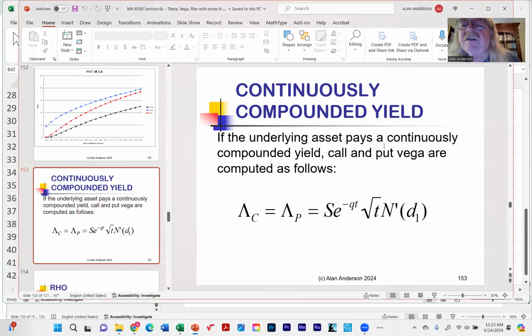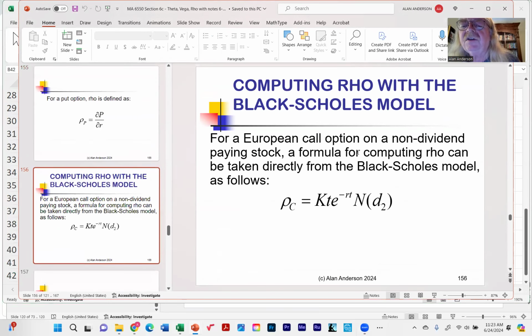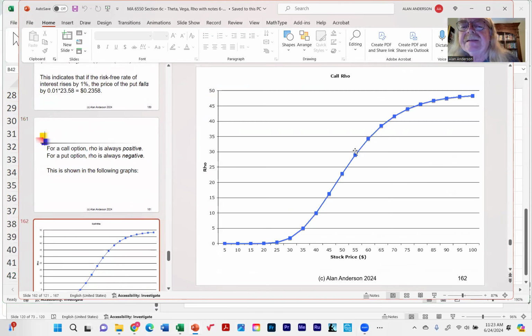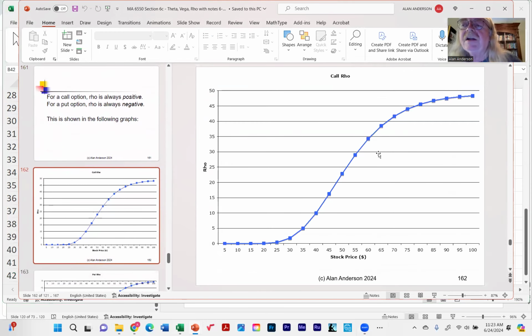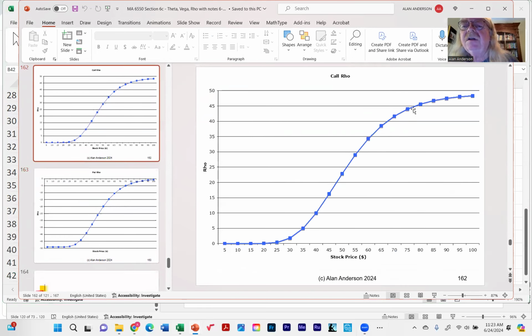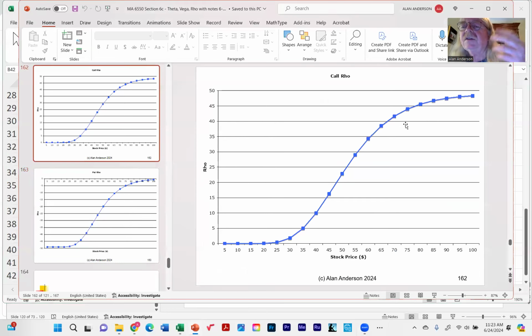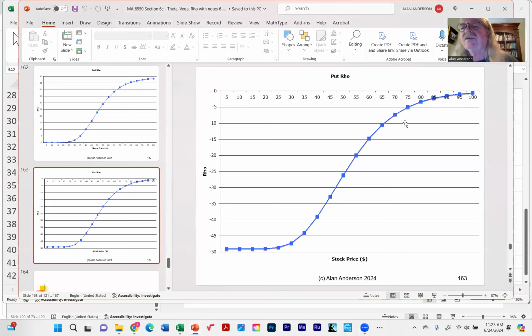Realistically, interest rates don't change very dramatically over time, certainly not during the lifetime of an option. So here's the call rho. It reminds you a lot of the delta, doesn't it? And the put rho, like the call delta and put delta, is identical except for its sign. Or at least its behavior is the same.